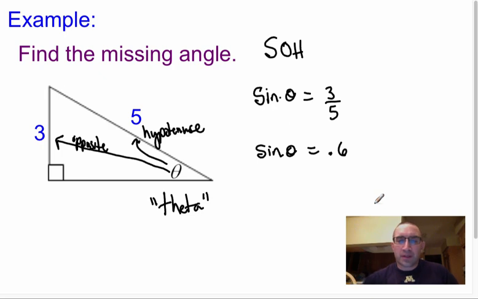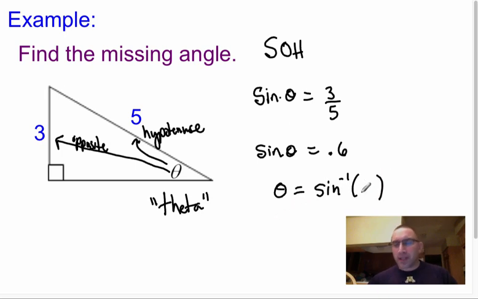Now, in order to calculate in this example what theta is, we're going to need the inverse of sine. We're missing the angle, and in order to figure out the angle, we have to use something called the sine inverse function.